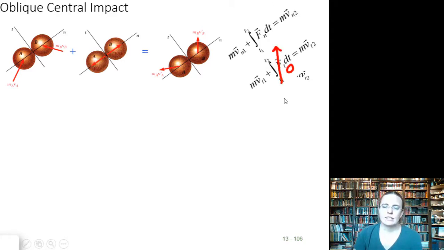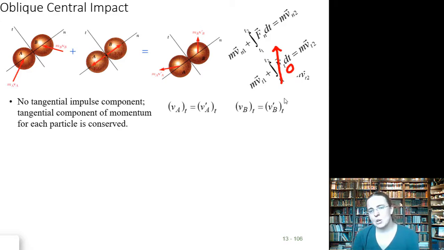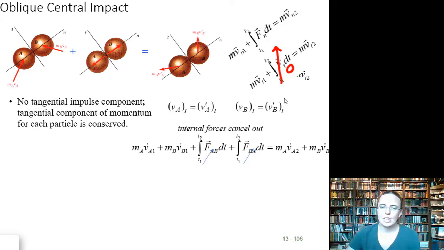So tangent, you have the same incoming and outgoing velocities. For normals, we do not. And in the normal direction, usually you group the system to look at both particles together, and then you don't have to worry about those equal and opposite internal forces during the collision.